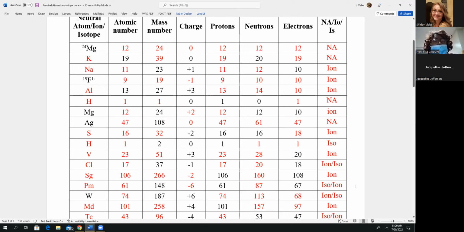So ladies, you need to practice this stuff. What you need to do is go to your Moodle, download this same thing, make a copy.